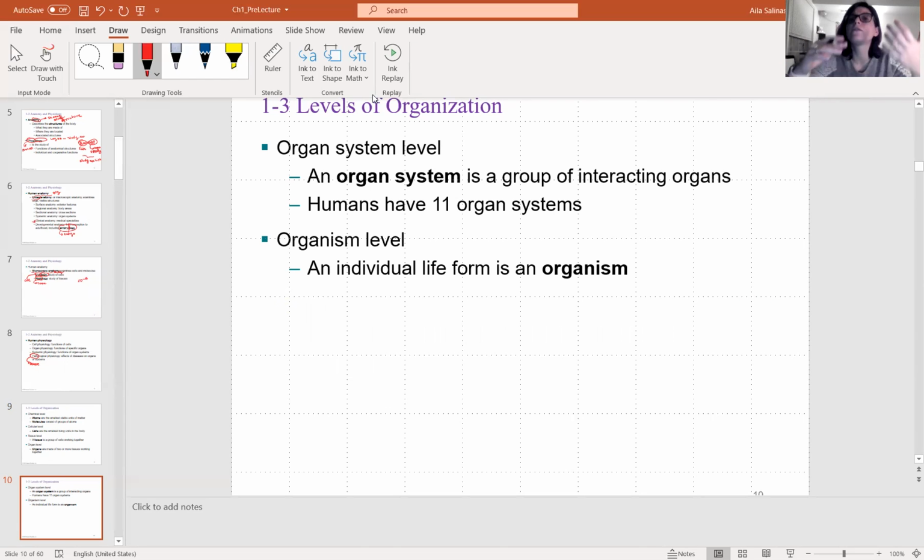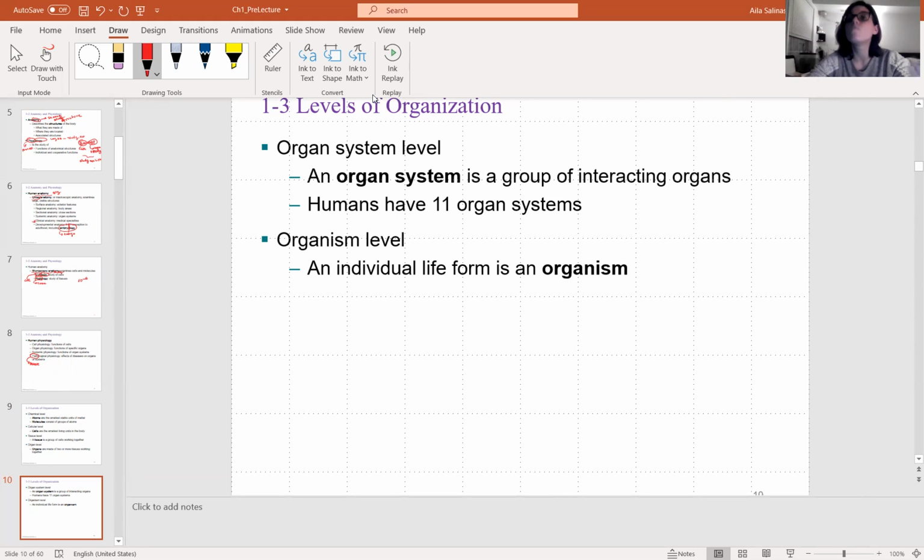And then above that we have the organ system level. So in our urinary system, we have different organs that interact, that work together to perform a function. We have the bladder, the ureters, the urinary tract, and all these organs together perform the activity of excreting things that are not useful for our body.